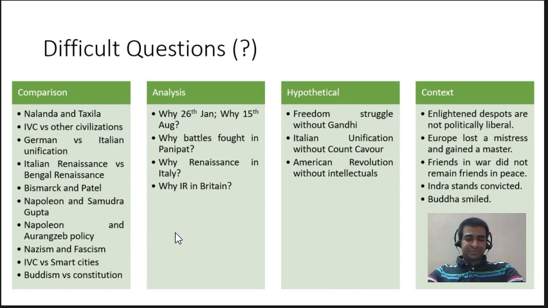So they might read hardly one or two textbooks at the max for topics like ancient and medieval, and it becomes almost impossible for them to cover all the topics, remember them, and rewrite them in the examination.